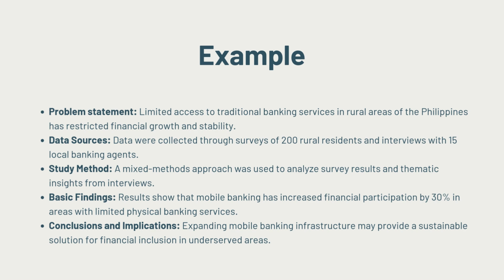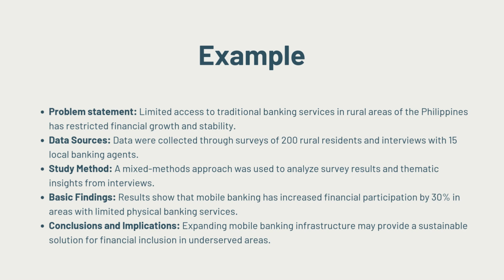Next, data sources might include information like: data were collected through surveys of 200 rural residents and interviews with 15 local banking agents. This briefly explains your data sources and helps establish the credibility of your study, showing readers that you gathered input from relevant stakeholders.